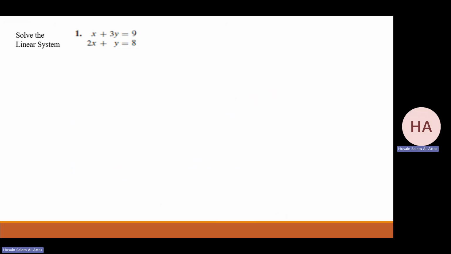Okay, let me do the system the same way. By the way, this is the same problem we did before, so let me do it again using echelon form. That's Gaussian elimination. I'll do this in detail. What is A? A is 1, 3, 2, 1. What is B? 9 and 8.